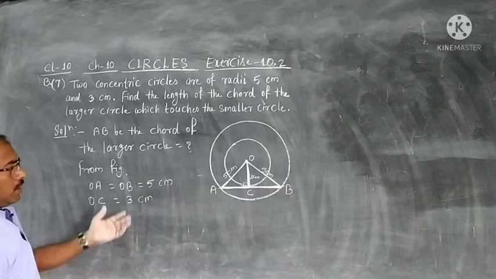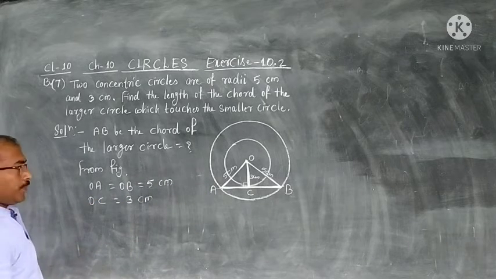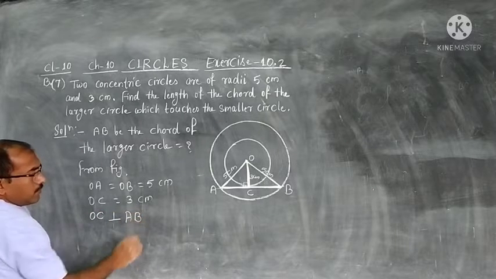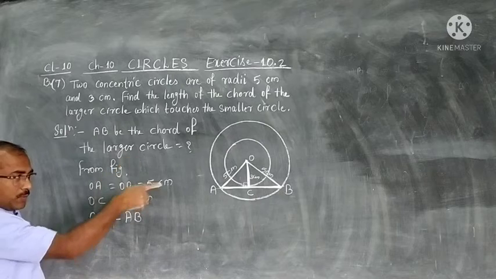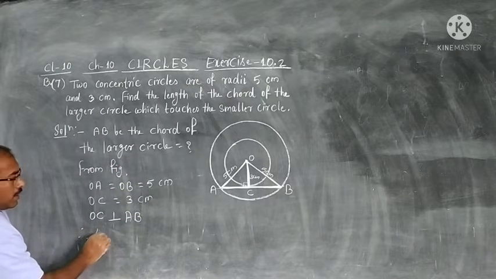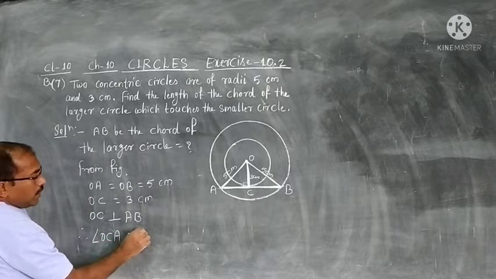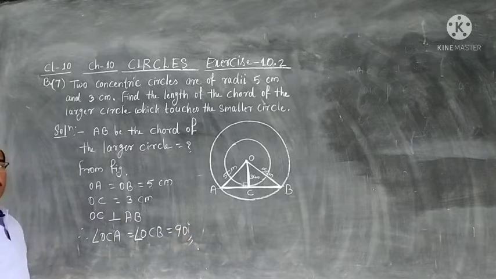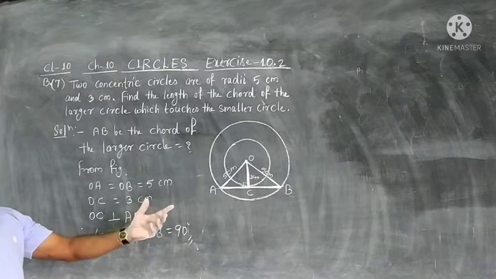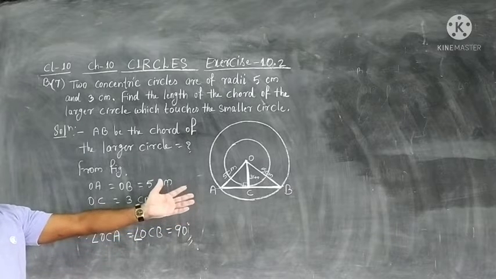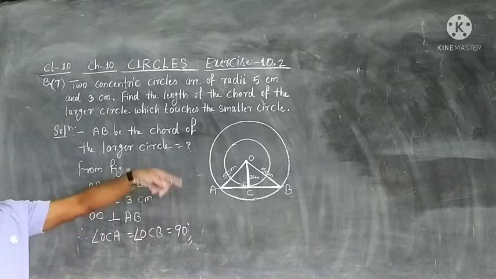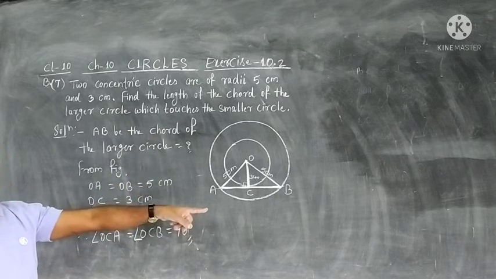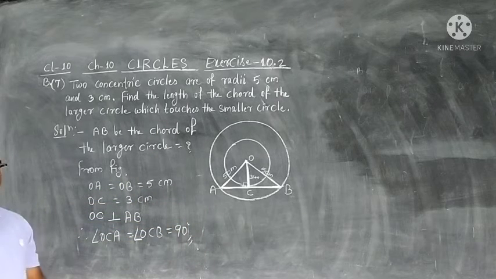Then AC will be equal to BC. Also OC is perpendicular to AB, that means angle OCA will be equal to angle OCB, equal to 90 degree. A perpendicular line makes a 90 degree angle, we know. Why is it perpendicular? Because that is the property of the tangent. The chord is touching the smaller circle at a point, that is the point of contact, and joining the center, it will be perpendicular.